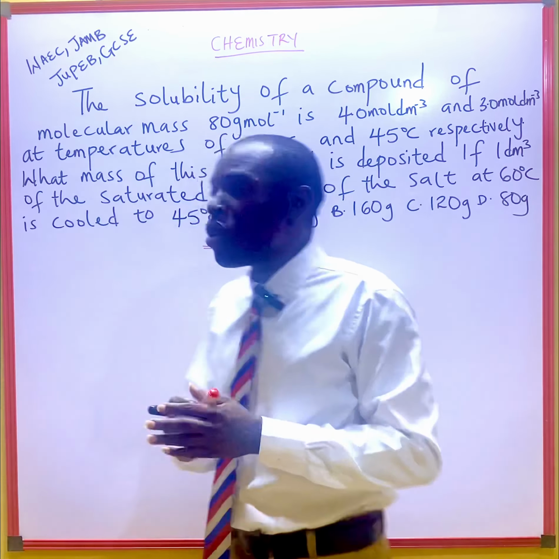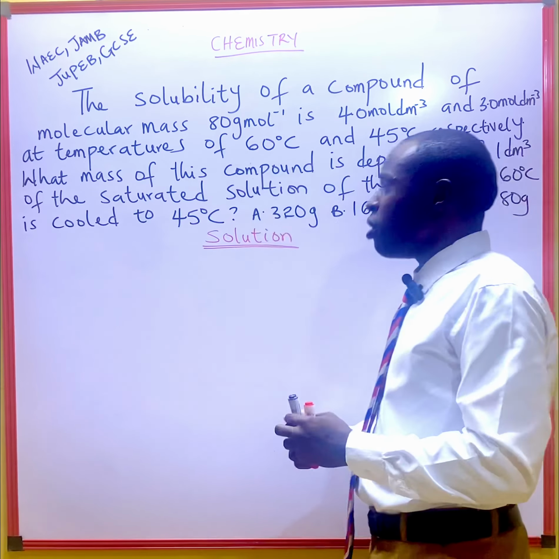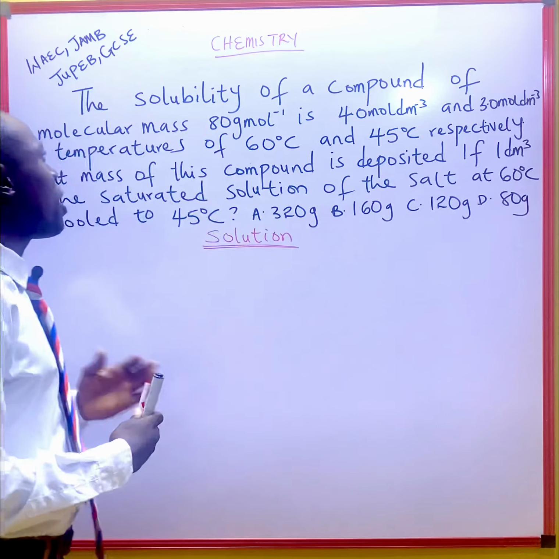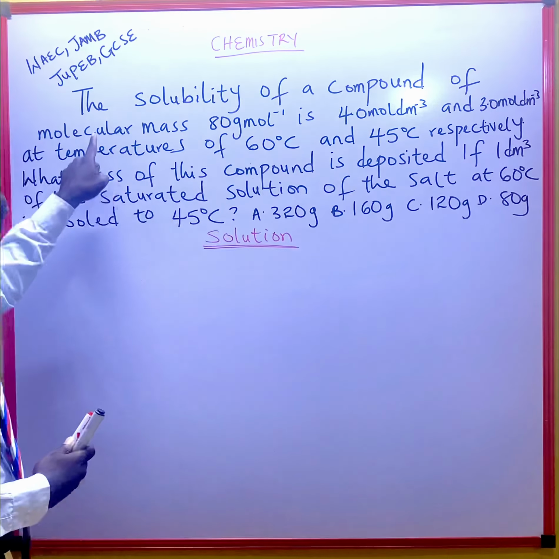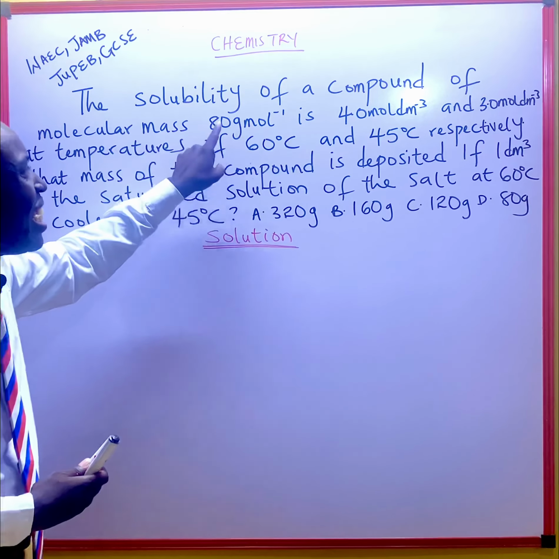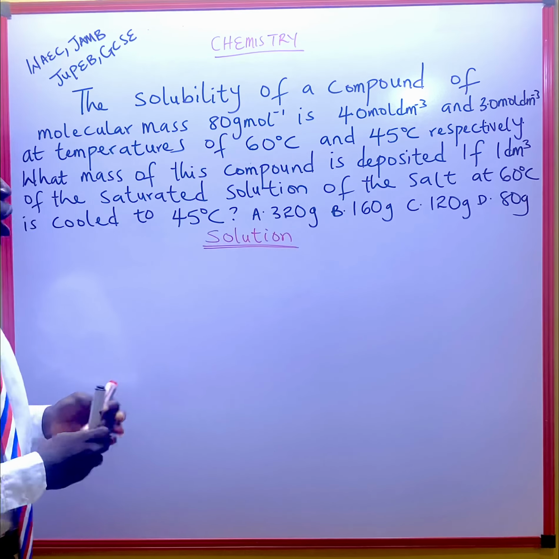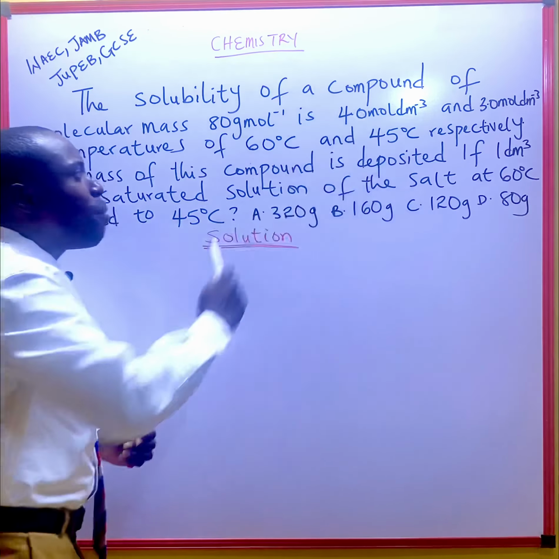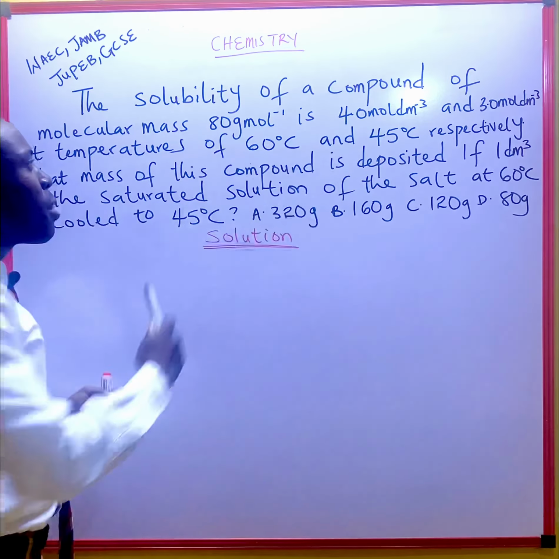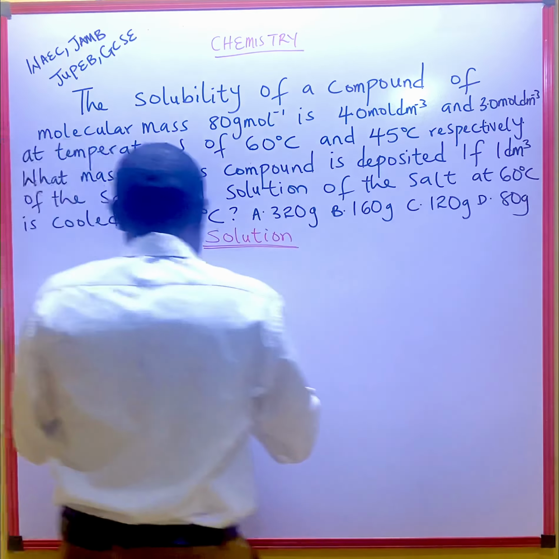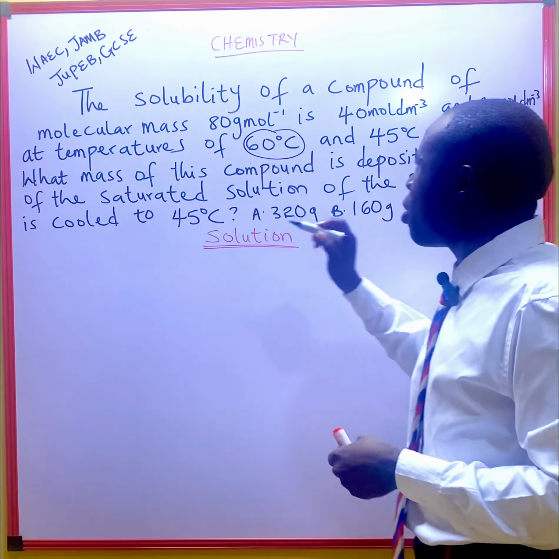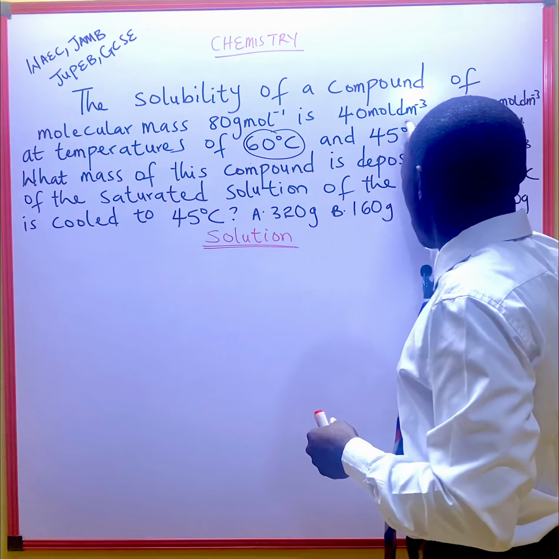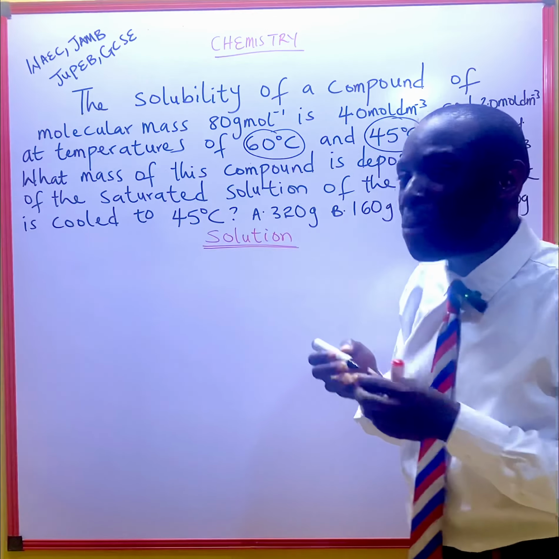Now we move to the question here on the board. The question says the solubility of a compound of molecular mass 80 gram per mole is 4.0 mole per dm cube and 3.0 mole per dm cube at temperatures of 60 degrees Celsius and 45 degrees Celsius respectively.